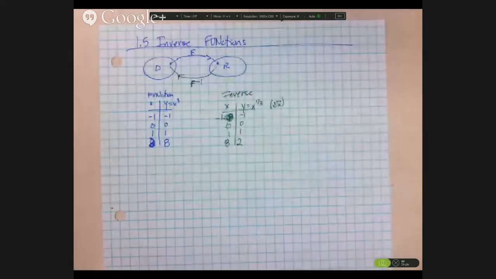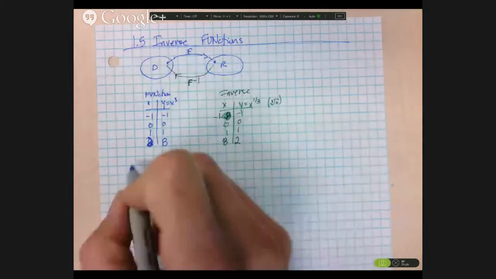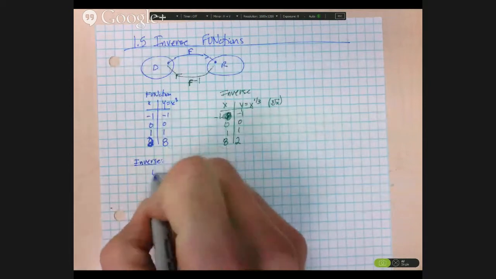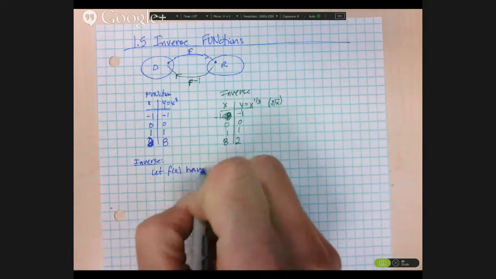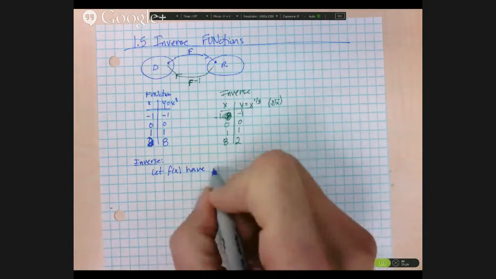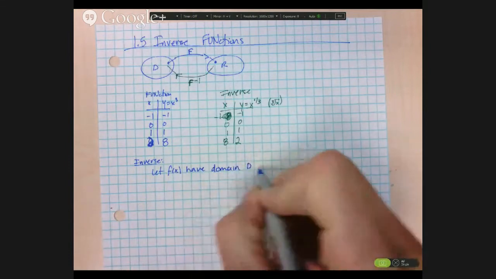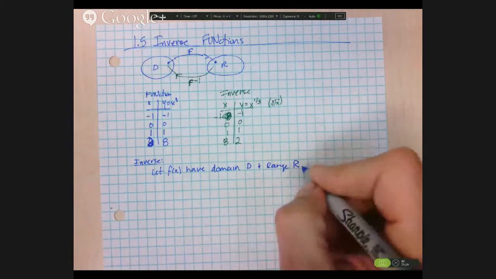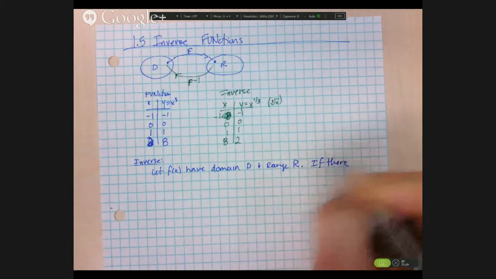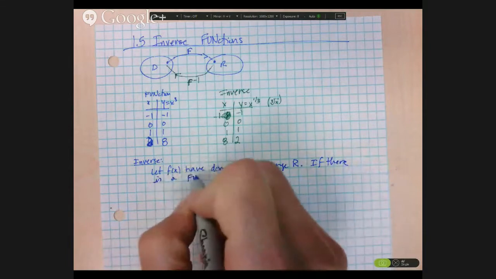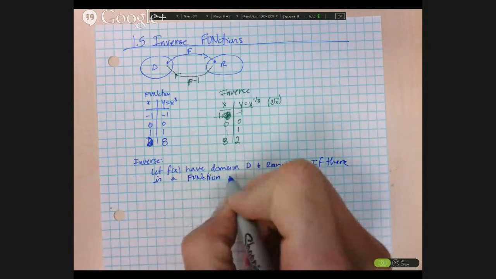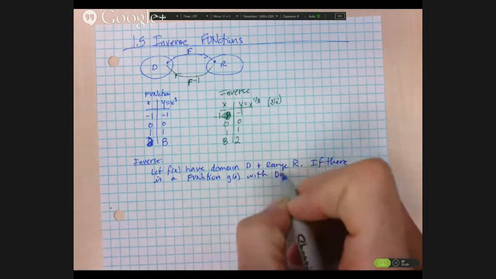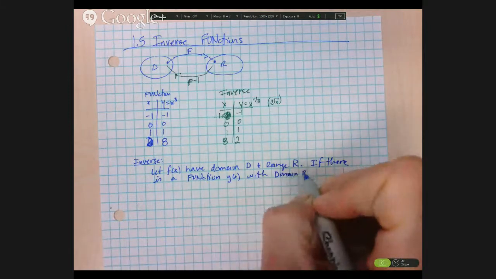There's a very formal definition for inverse. Let f of x have domain D and range R. There is a function g of x with domain R. Notice the switch there.